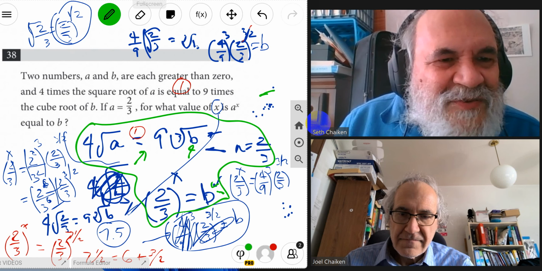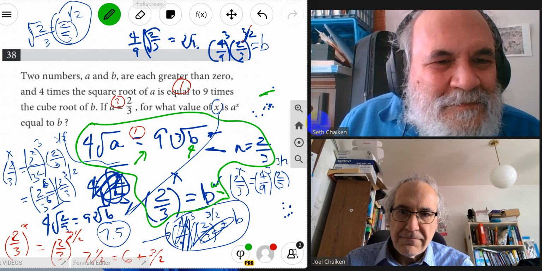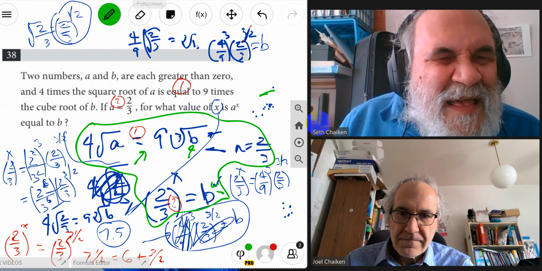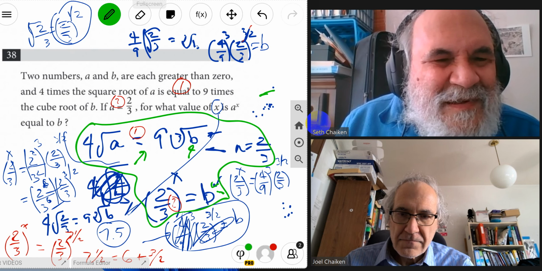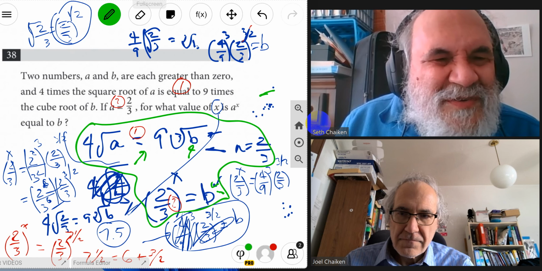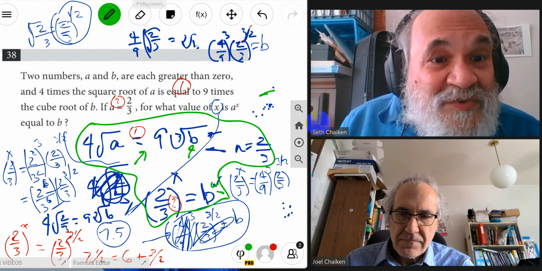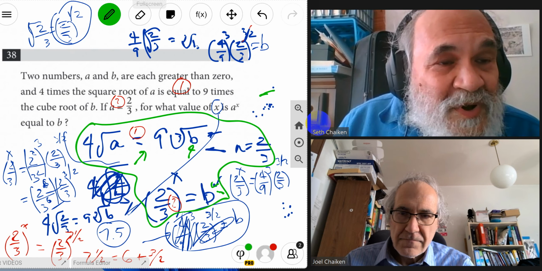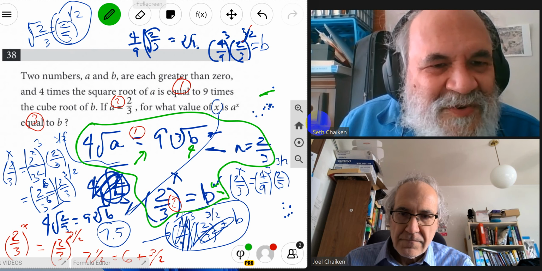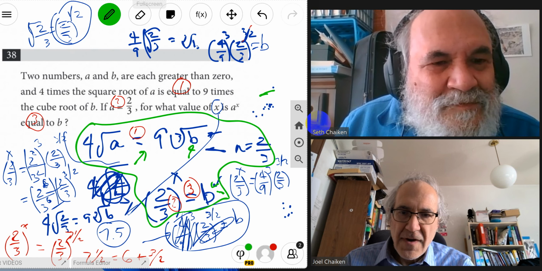I guess that's fact 2. And then finally, A to the x, 2/3 to the x, is equal to B. This corresponds to the use of the equality symbol here.